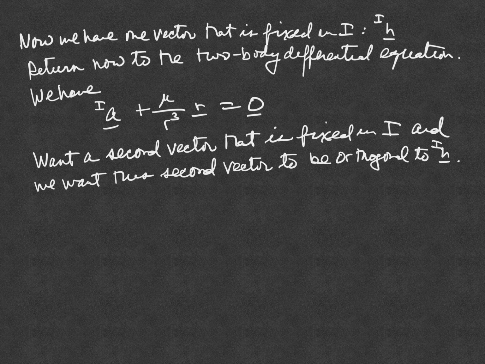Now, why do we want it to be orthogonal? Again, we're trying to construct a right-handed orthonormal basis so we can figure out how to quantify the solution to this differential equation. So we need it to be orthogonal to h_I.